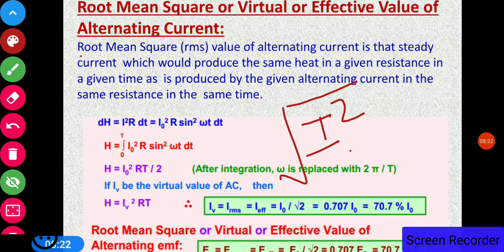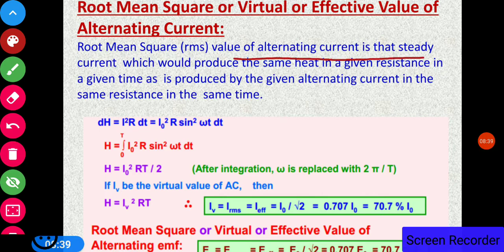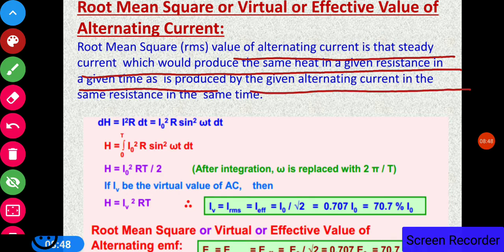So either we can calculate I RMS is equal to under root of I square, where I is I naught sin omega t, and simplify in this way, or by the definition, root mean square value is that steady current which would produce the same heat in a given resistance in a given time as is produced by a given alternating current in the same resistance in the same time.